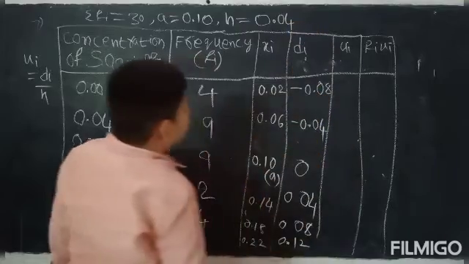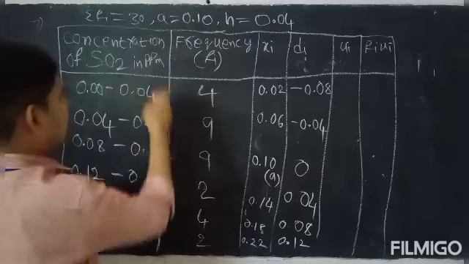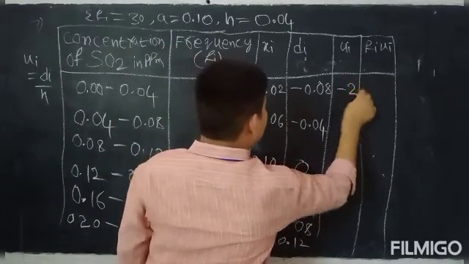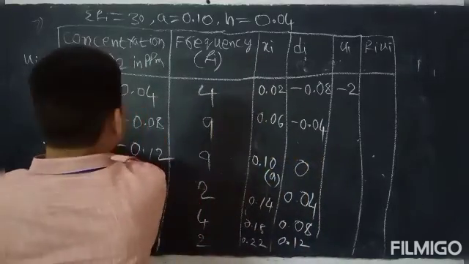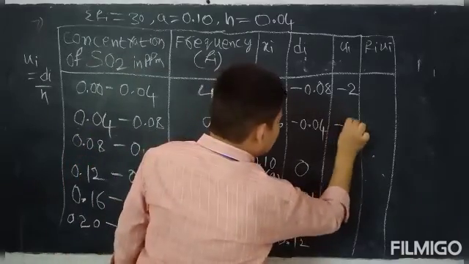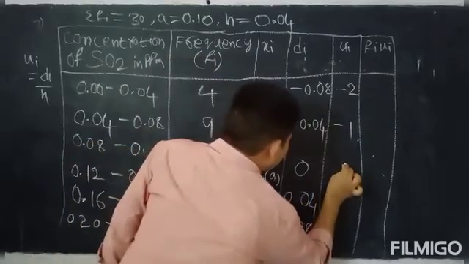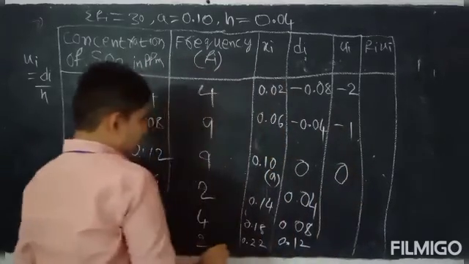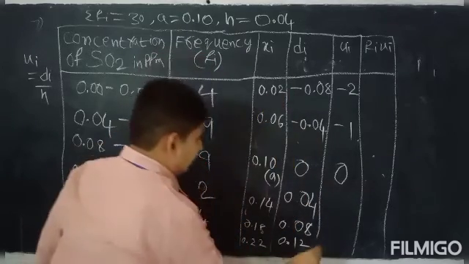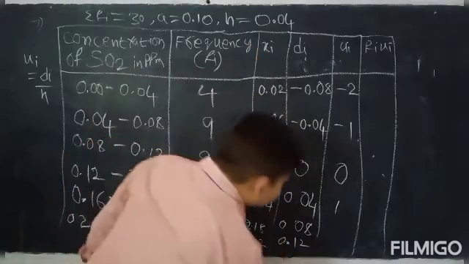Okay, now Di by H. So 0.08 with 0.04, minus 2. Okay, 0.04 with 0.04, minus 1. Okay, now 0 by 0.04, 0. Net 0.04 by 0.04, 1. Okay, now 0.08 by 0.04, 2.